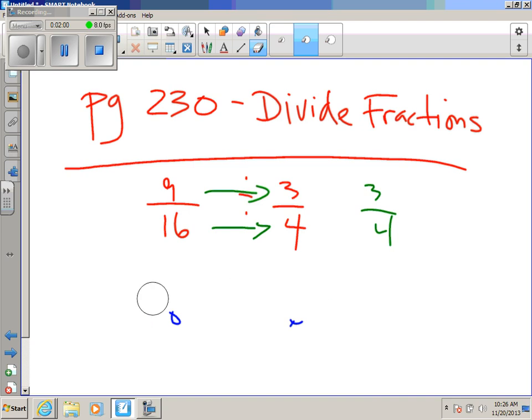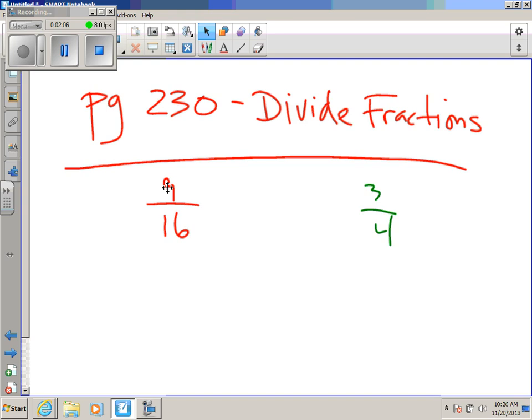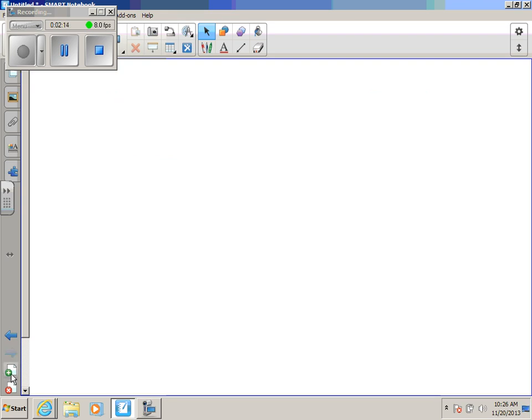If I think about the relationship between multiplying something by half. Give me a whole number that's divisible by 2. 6.